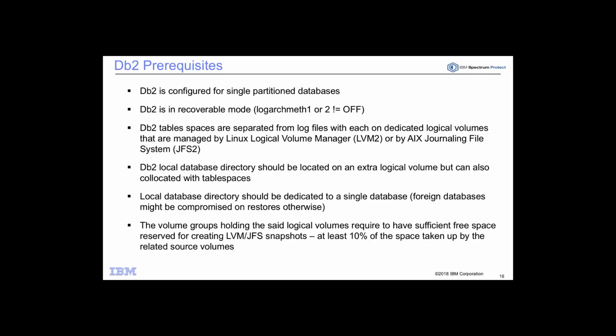DB2 does have to be set up in recoverable mode, so that's really these logarch method 1 or 2 not equal to off, so you have to be in recoverable mode.